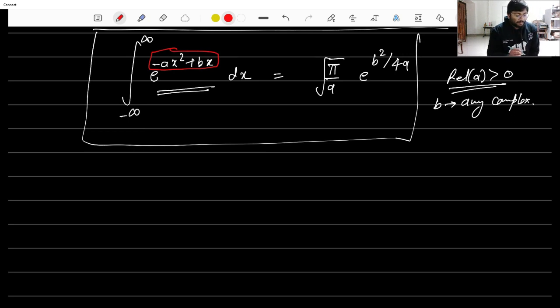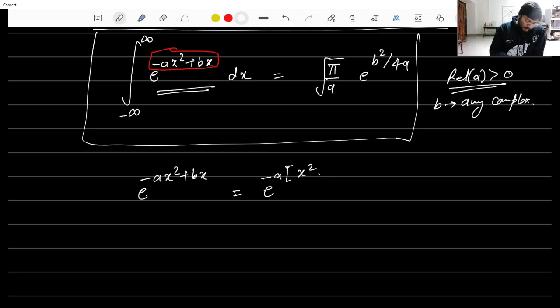I will make it a perfect square, or complete the square, and then you will see that it reduces to the basic Gaussian integral. So e to the power minus ax square plus bx. You can write it like this: minus a, you take common, x square plus minus b by a x.